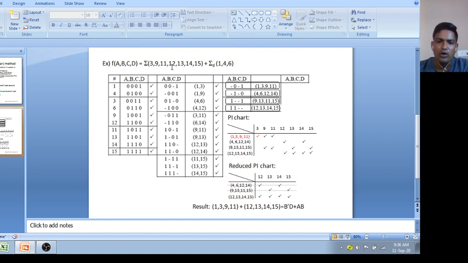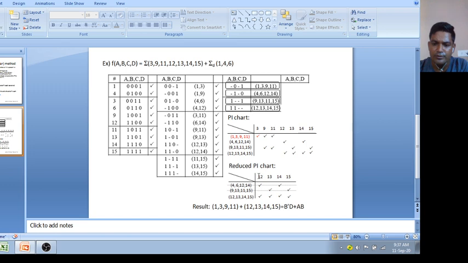Now 12 13 14 15 are not covered, so I will write down 12 13 14 15. This is the reduced chart. Again do not include this 1 3 9 11 in this reduced PI chart. Again write down 4 6 12 14, then 9 13 11 15, then 12 13 14 15.